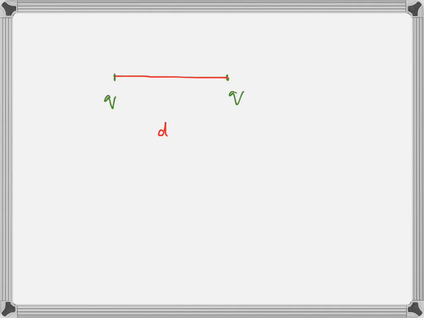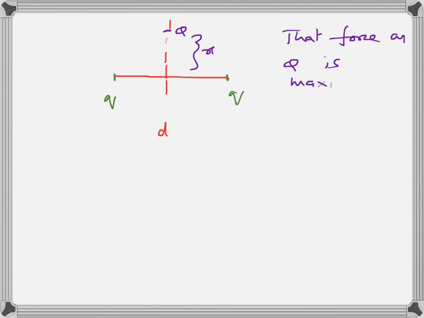Now on this perpendicular bisector, I want to place a capital Q at a certain distance x from the center in such a way that the force on capital Q is maximum. We have to find x.